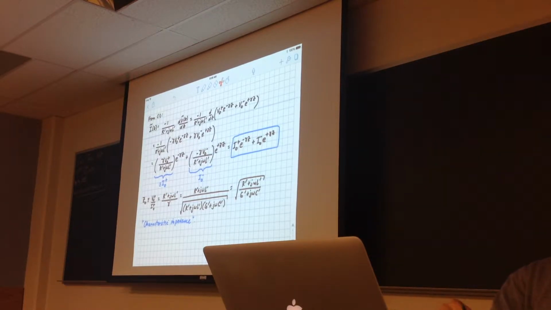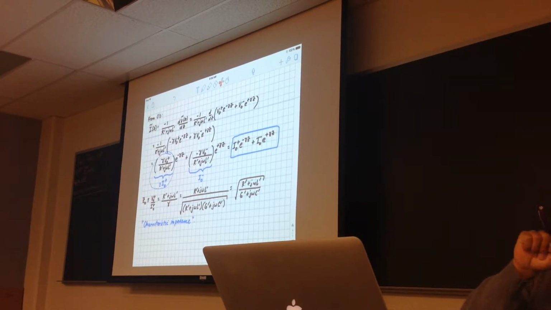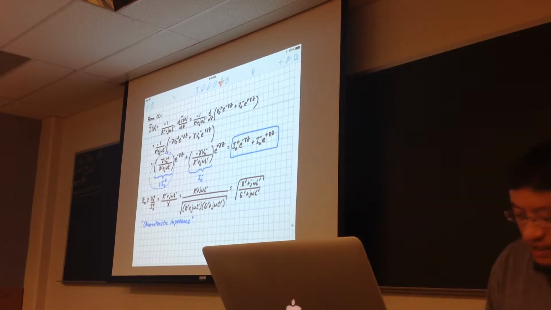So just looking at this collection of symbols, we can write the ratio of V0 plus to I0 plus and give that a name. And it turns out this is how we characterize the impedance of the whole transmission line. So the transmission line as an entity is characterized by an impedance, and it is V0 plus over I0 plus, and Z naught.